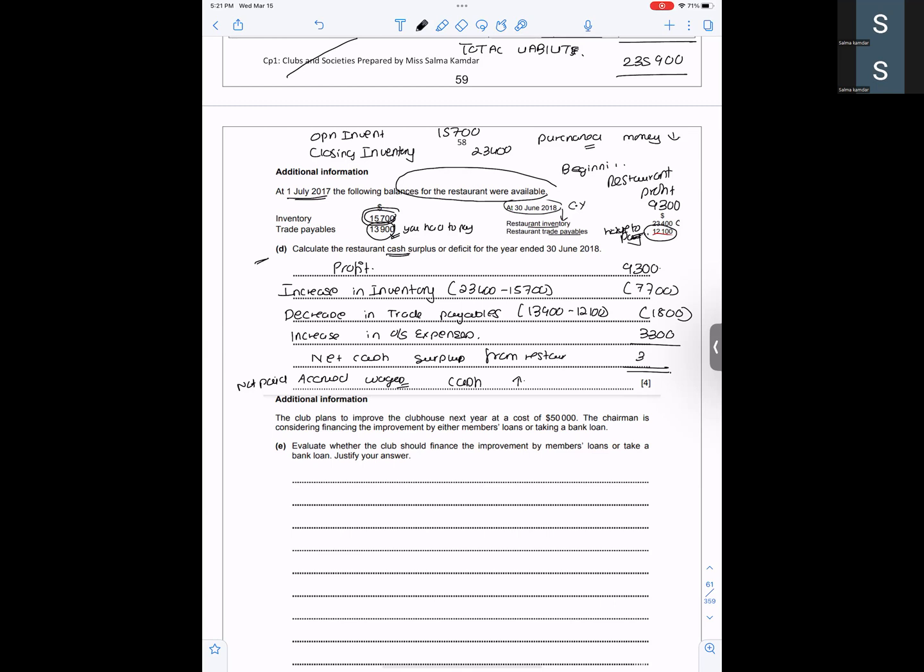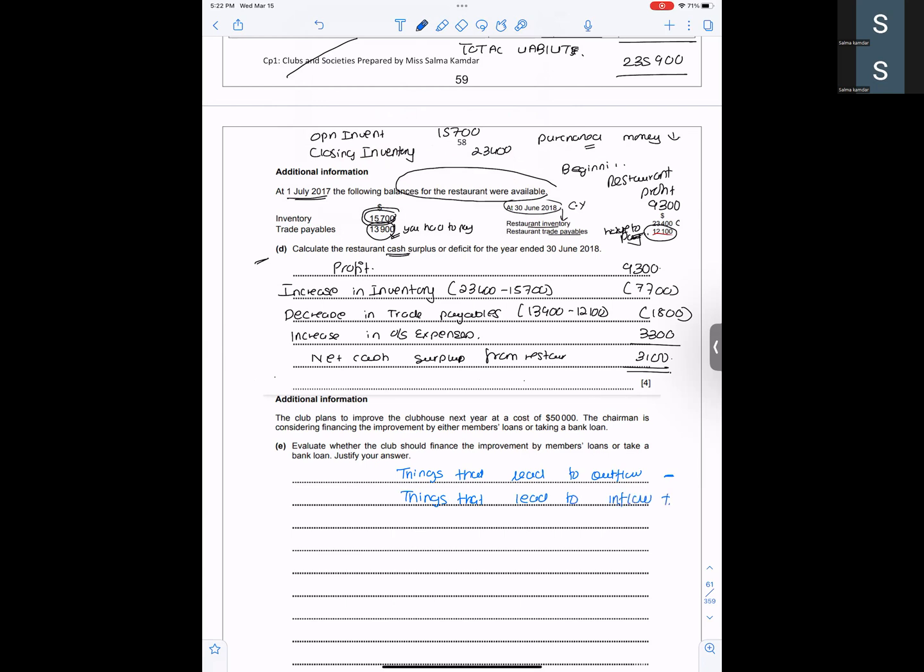as 3,100. When you're finding your net cash surplus from restaurant, see the things that lead to outflow, you will subtract. And things that lead to inflow, you will add.